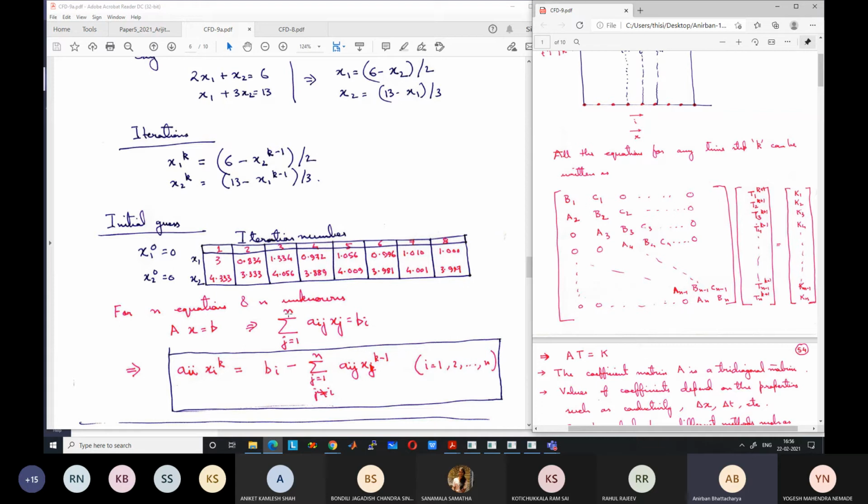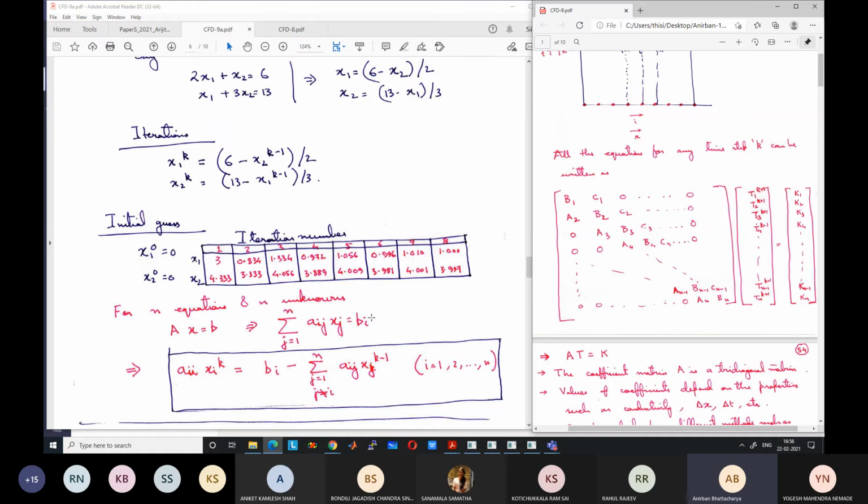So I have n equations, so I will have n equations of this form. Which index do I have to change in the equation? For i equal to 1, which unknown will be given by the equation? x1.